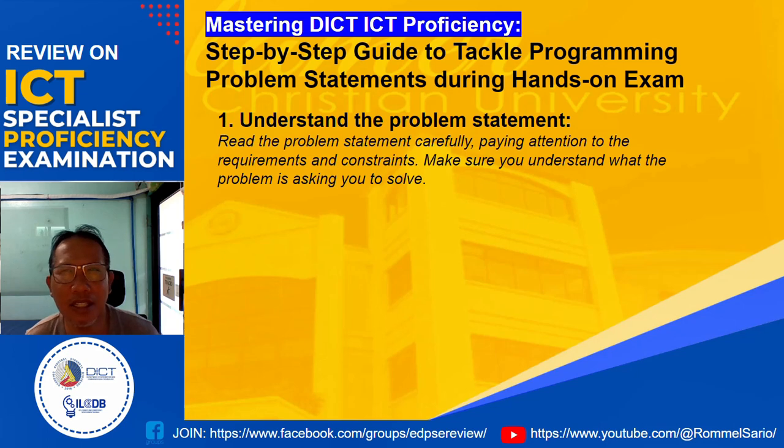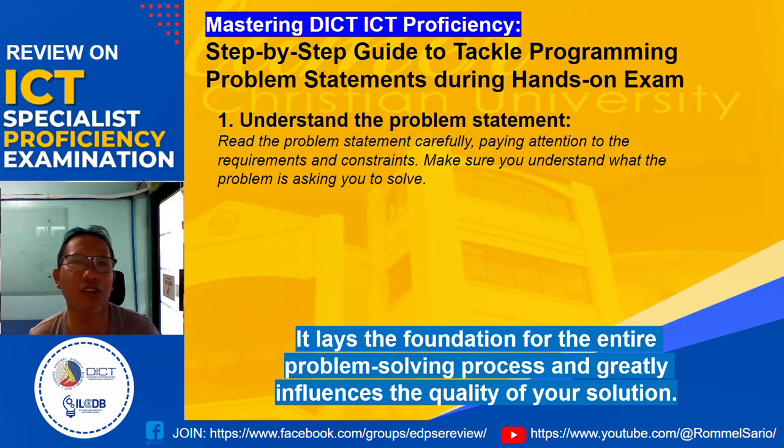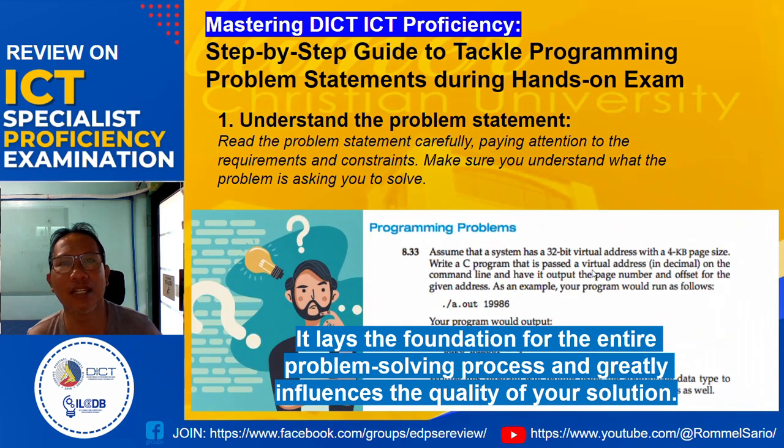Understanding the problem statement is a critical first step in tackling programming problem statements in programming exams, especially with the DICT ICT Proficiency hands-on programming. It lays the foundation for the entire problem-solving process and greatly influences the quality of your solution.